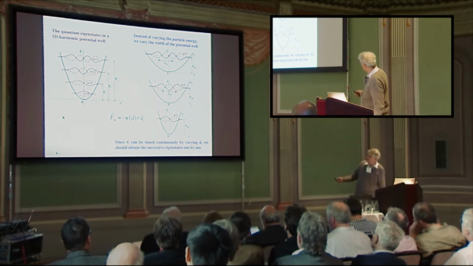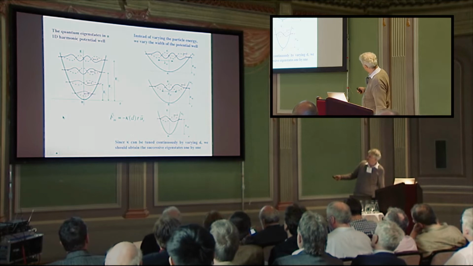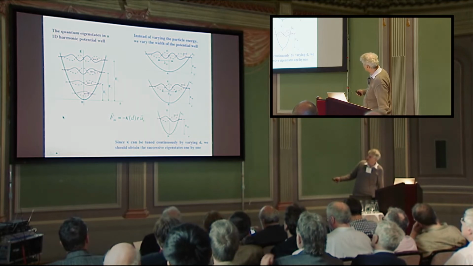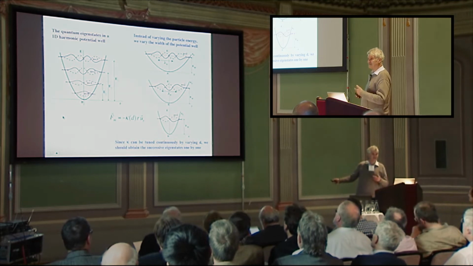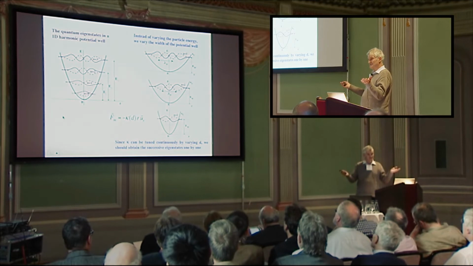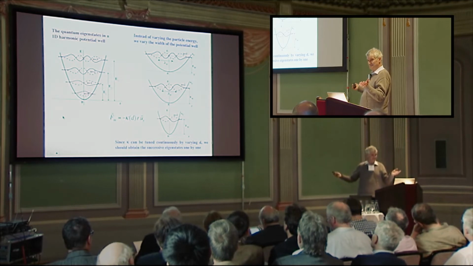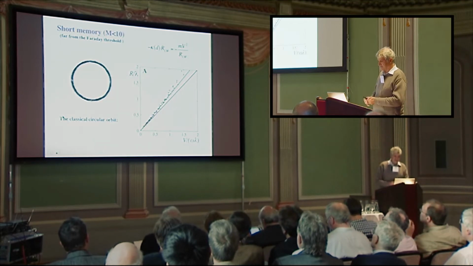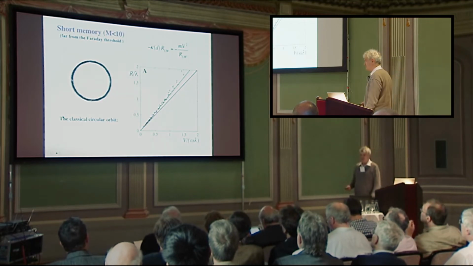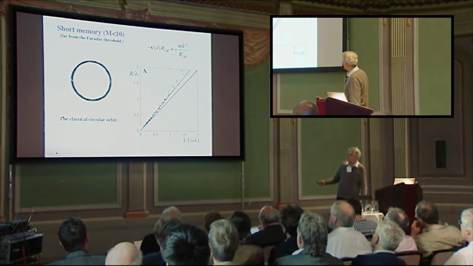But the trick here is that instead of working in a constant potential well, we tune the potential well, and we seek the eigenstates when I change the potential well. Do I see them pass by? So this is what we did. This is a short memory situation. The drop is trapped in a potential well.